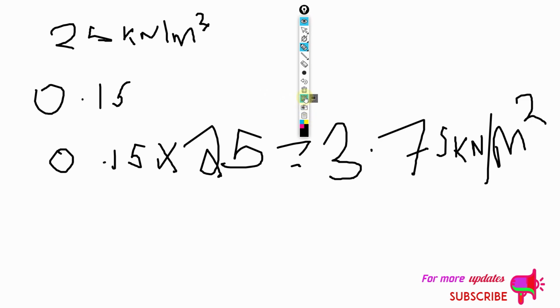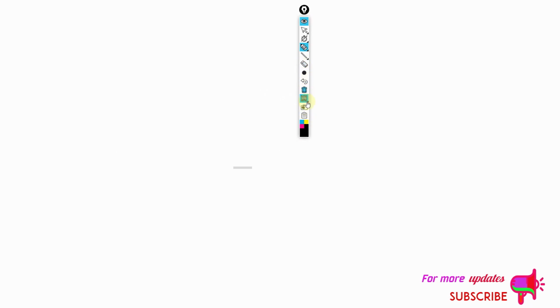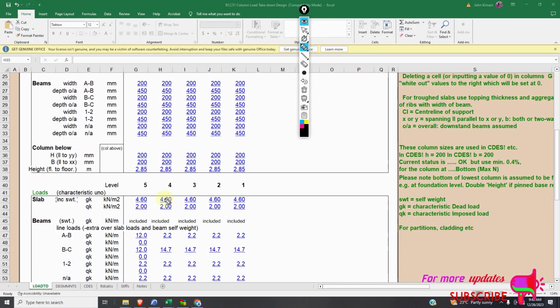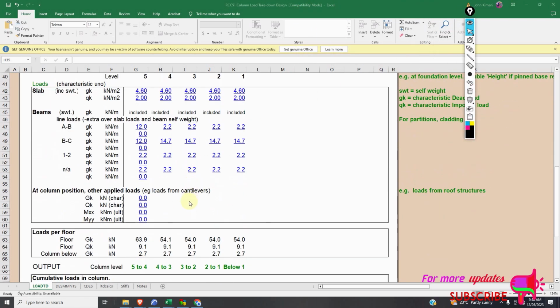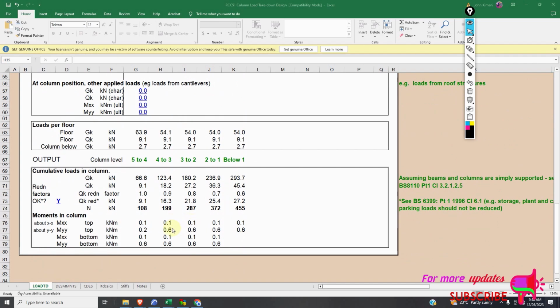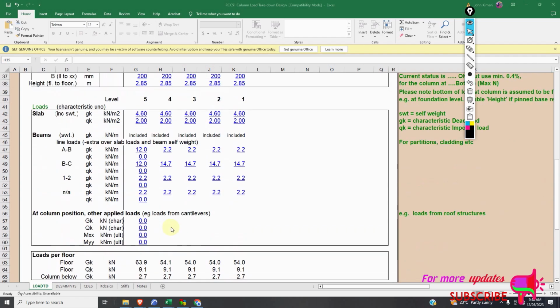So that's what we're going to use here. Plus about 1.1 for finishes, and the partition wall will be about 4.2. Because it is a residential house, we're going to use a live load of about 2. Now, already we can see the load has been distributed.